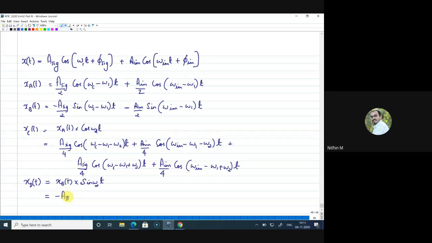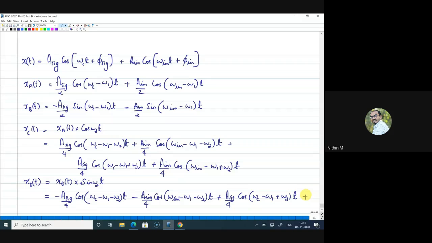Since it is sin omega 2t, I'll write with this minus cos of omega c minus omega 1 minus omega 2 minus image by 4 cos of omega im minus omega 1 minus omega 2 into t, plus I'll get the sum components: a signal by 4 cos of omega c minus omega 1 plus omega 2 into t, and plus the last component is a image by 4 cos of omega im minus omega 1 plus omega 2 into t.